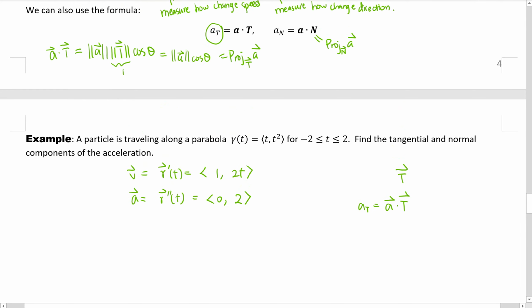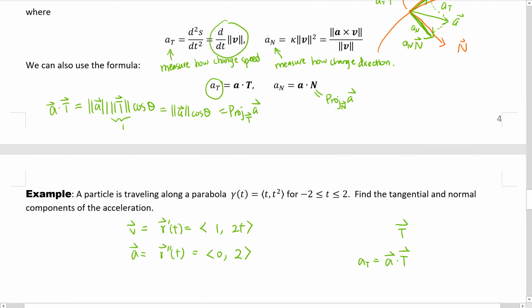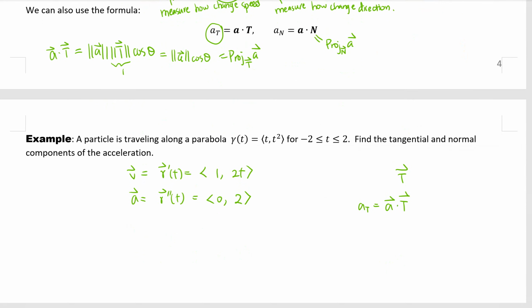And there is another way: you can differentiate the speed, because it measures how the speed changes, right? So that's one way. The second way is to take the derivative of the speed. So in this case, let's look at the speed.